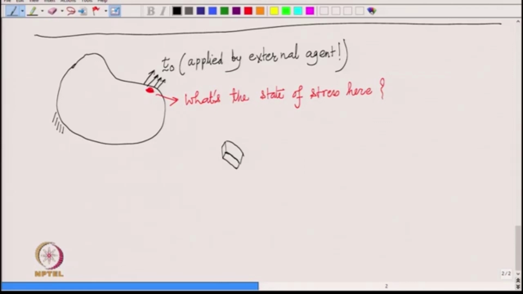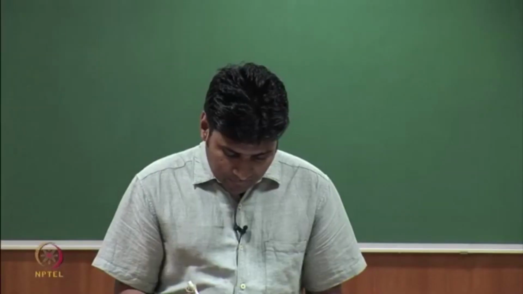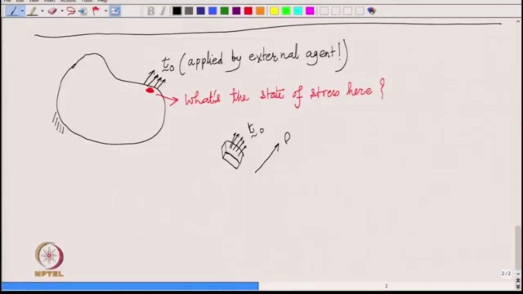Okay, so that is a part of the body, and the top one is the surface on which we are applying this T naught, and assume that this is really small. So, T naught is almost constant on the top surface, okay. And choose the coordinate system such that your E3 is along the surface normal.